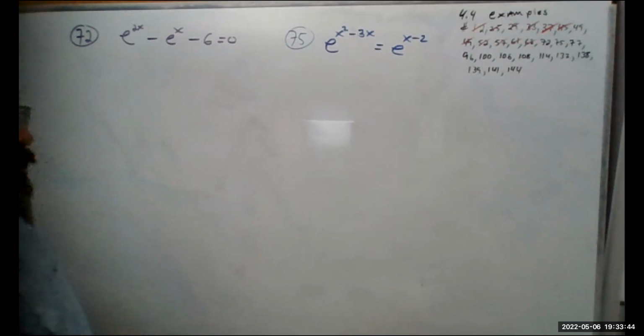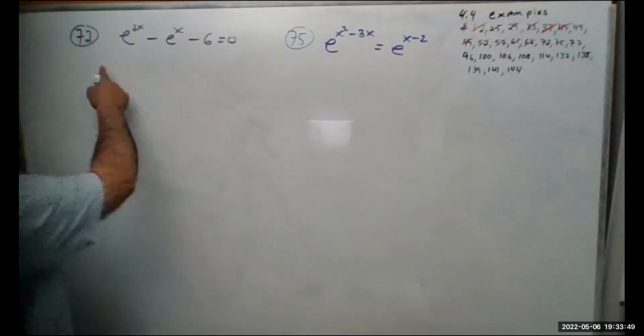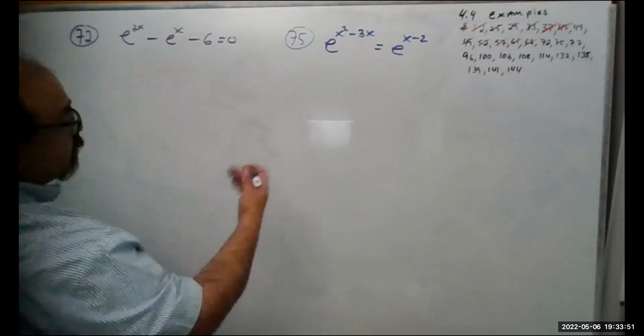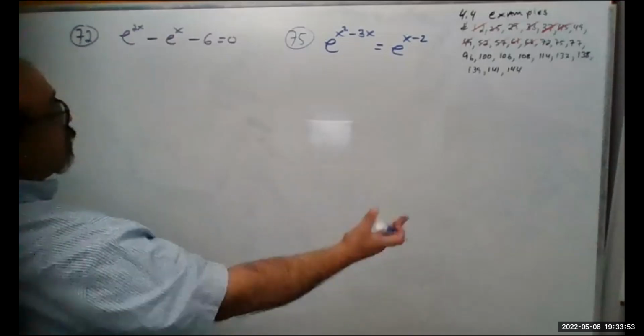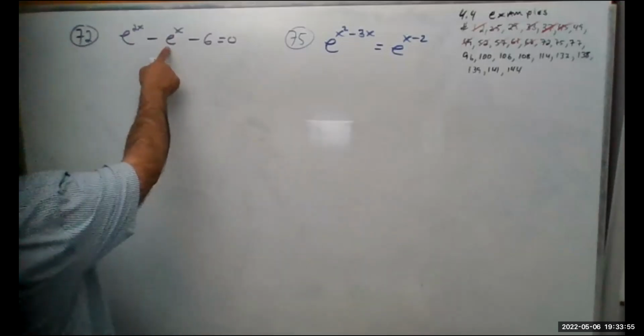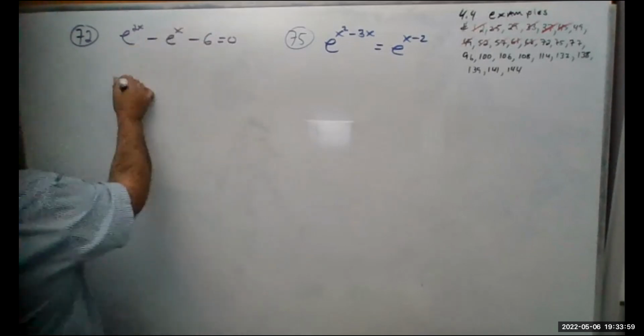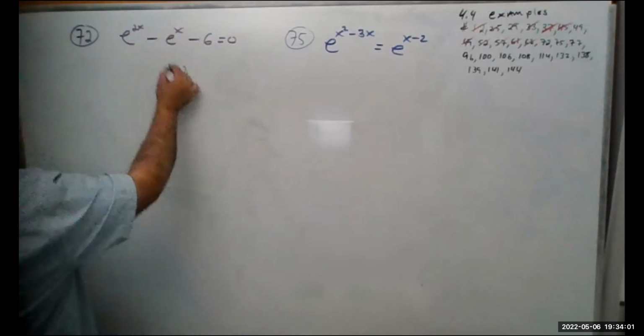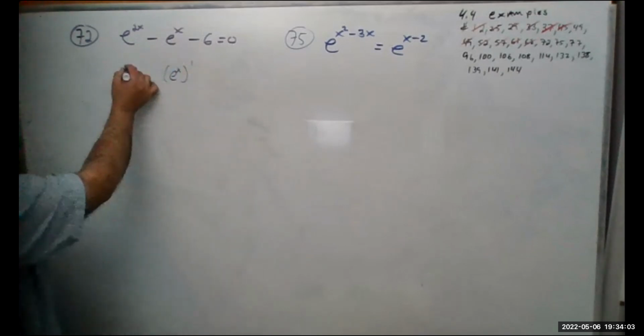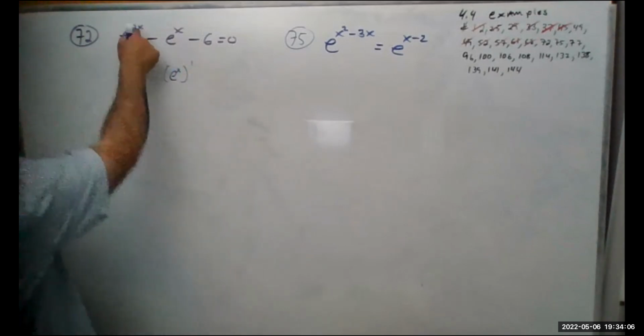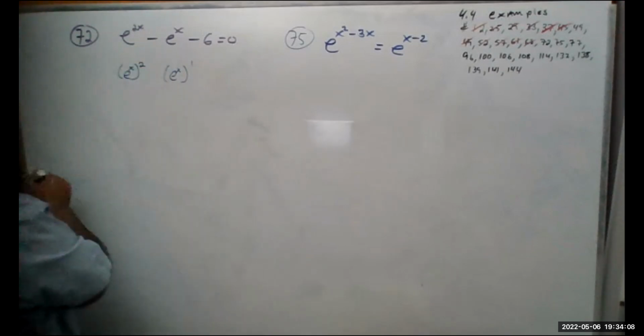Something from our bag of tricks in chapter 2. When you don't like what this looks like, u substitution changes it into something we do like. This is e to the x to the first power, or this is e to the x squared, because it got squared.